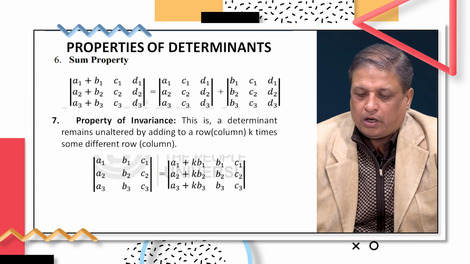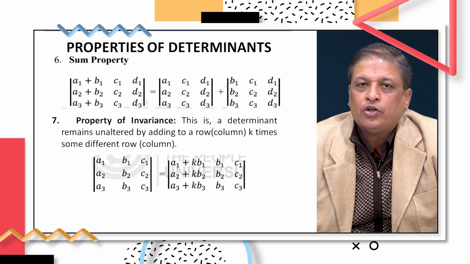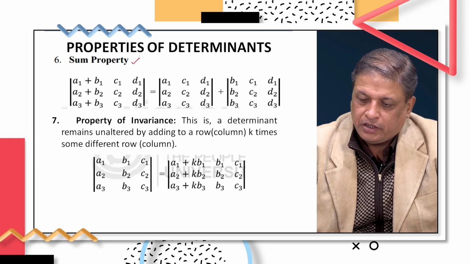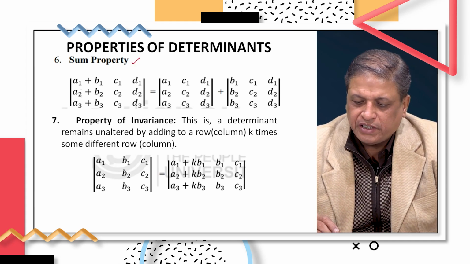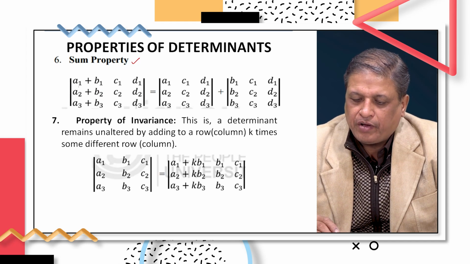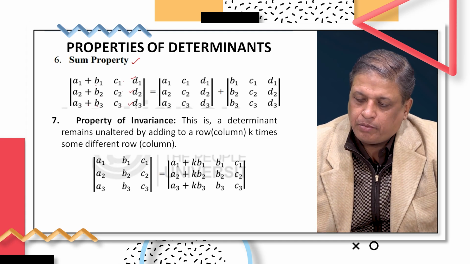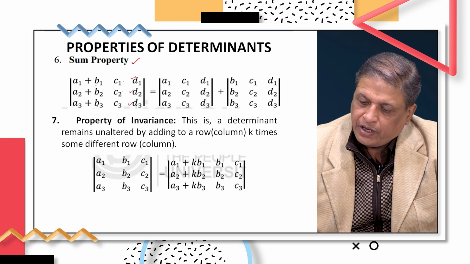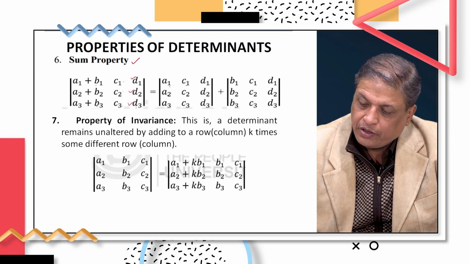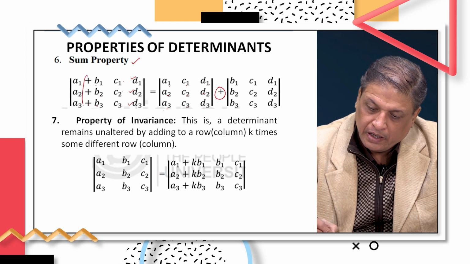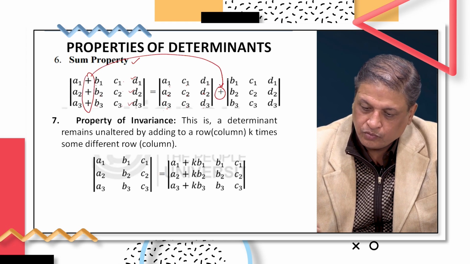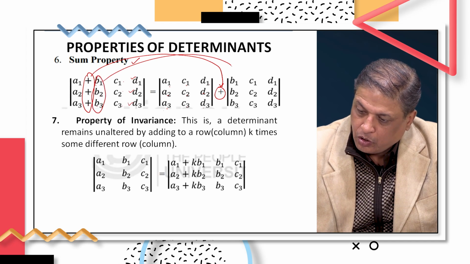Similarly, if you are conversant with the properties discussed till now, you will be able to understand the sum property, which is quite simple. If we have a determinant with values A1 plus B1, A2 plus B2, A3 plus B3, and the respective column values C1, C2, C3, D1, D2, D3, then this determinant can be written as A1, C1, D1, A2, C2, D2, A3, C3, D3, plus another determinant. The plus is passed on here, and these entire values are passed on as a column over here.